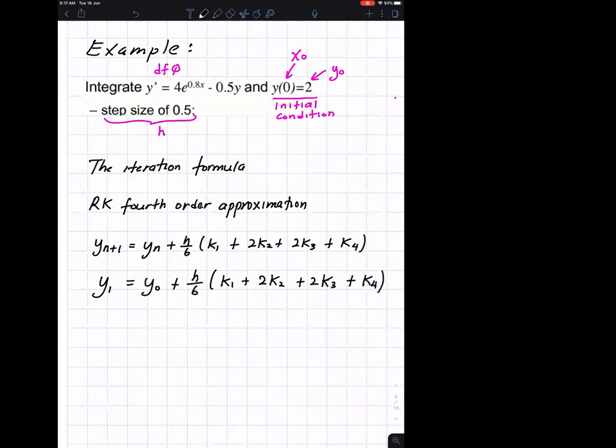That's the formula. Whatever is given, you use the current point to find the next point. And we will see what those k's are.